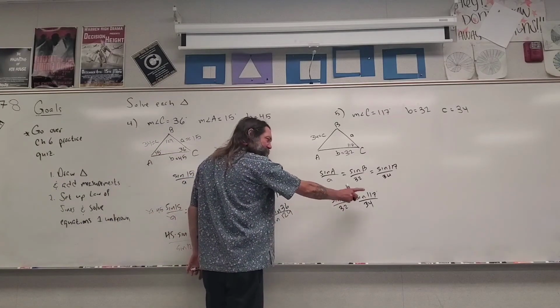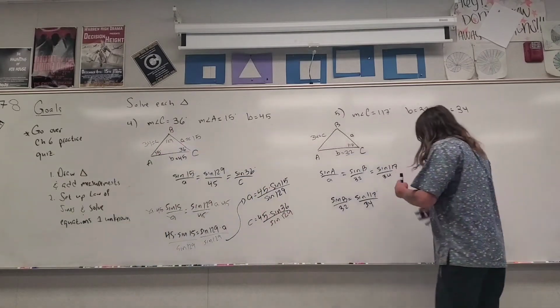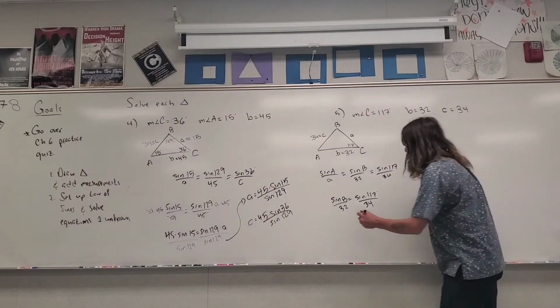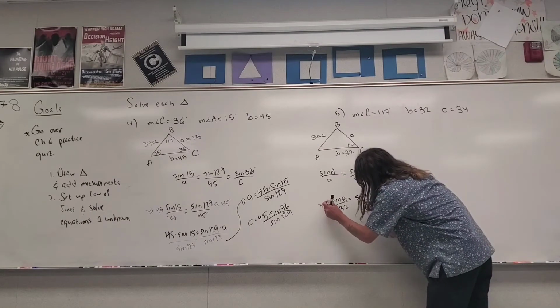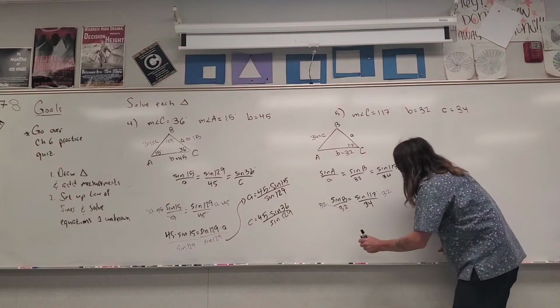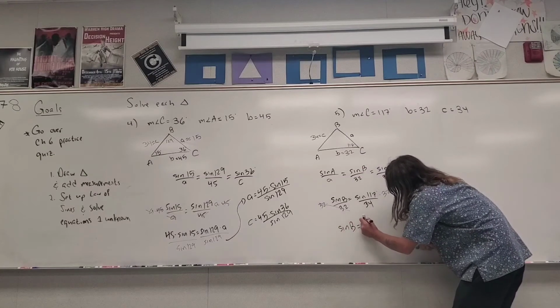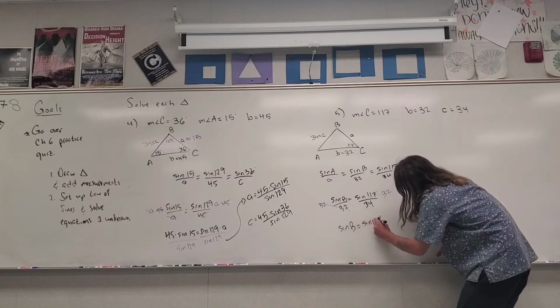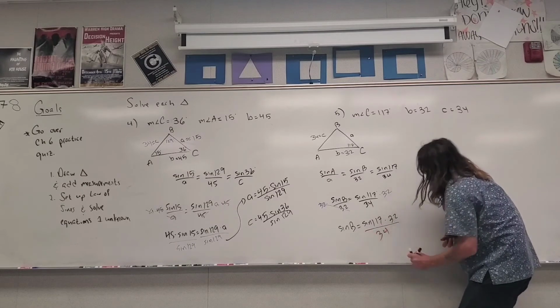I only need to get the 32 to the other side, so that's all I have to multiply everybody by, right? So don't just blindly solve. Take a second and look and see what you've got, and then you can minimize the amount of work that you have to do. So the sine of B is equal to the sine of 117 times 32 divided by 34.